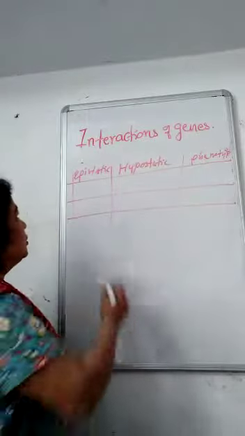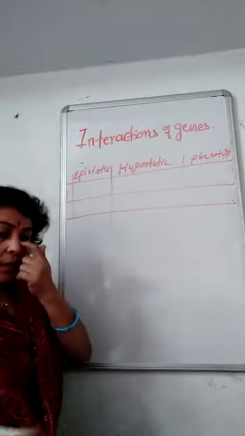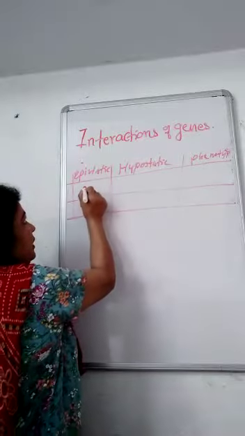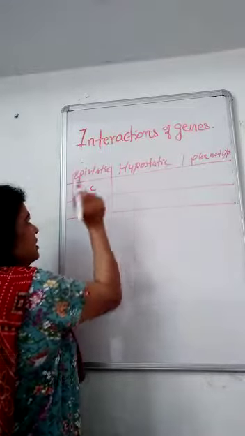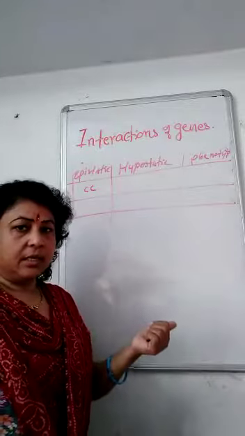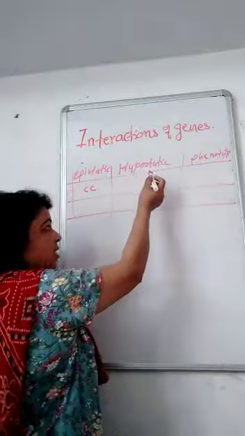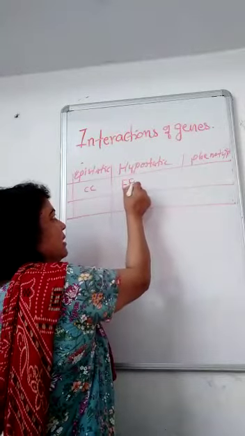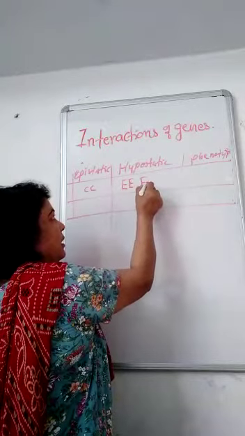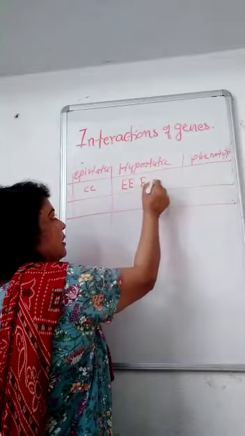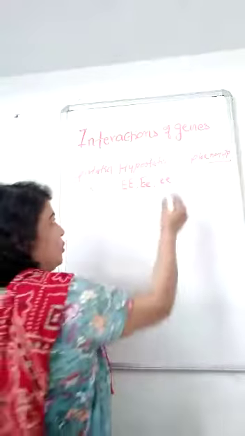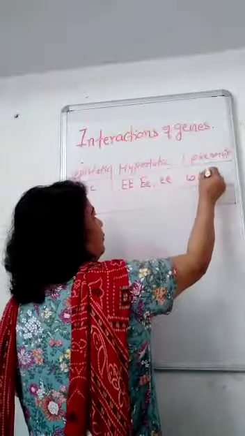Okay. So first, there are the two genes. When the epistatic gene is in recessive condition, small c, and the hypostatic gene may be homozygous, or it may be heterozygous, or it may be recessive, it remains white.